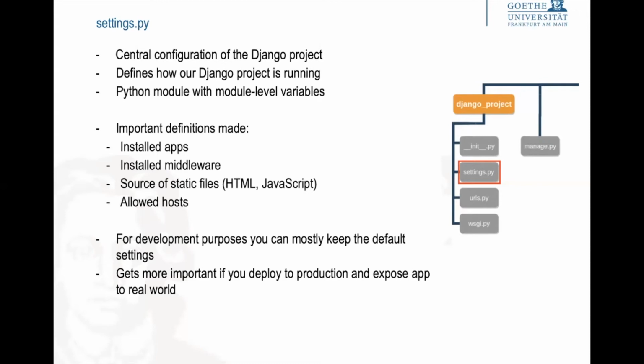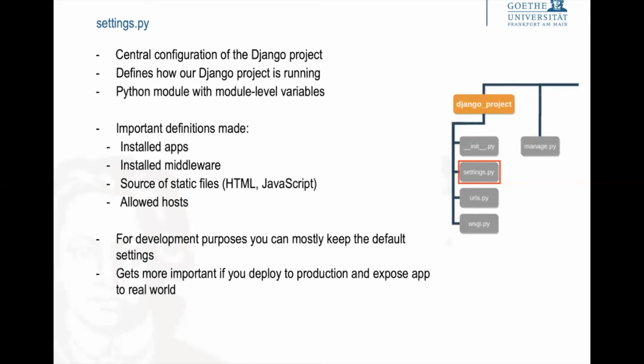But also with the last point, you see that this file will basically get much more important if you switch from your normal development mode to production and when you're exposing your project to the real world. But in development mode, basically you only have to know a few variables to modify in order to make your project run.